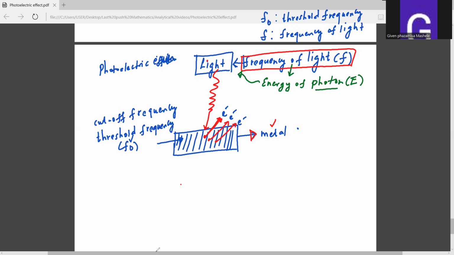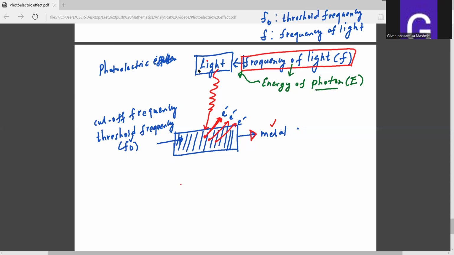So different light will have different energy of photon. For example, if we compare a red light and a blue light, they will not have the same energy. Why? They have different frequencies, so obviously they will have different energy of photon.